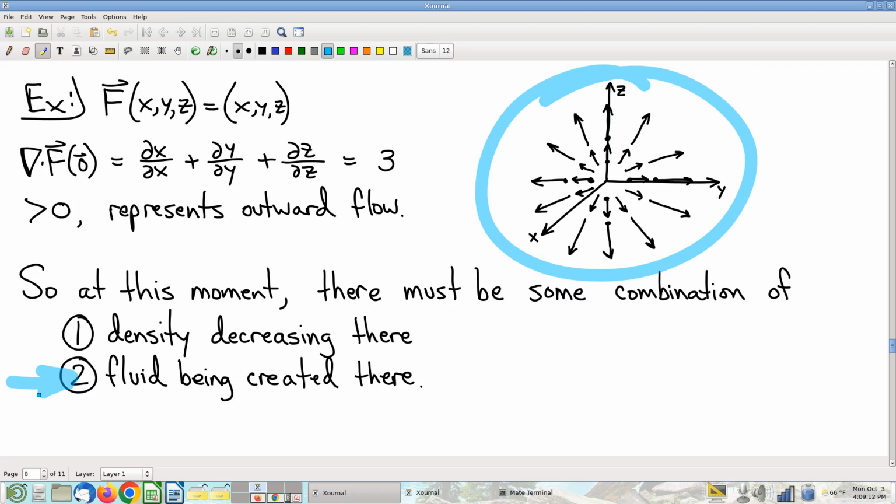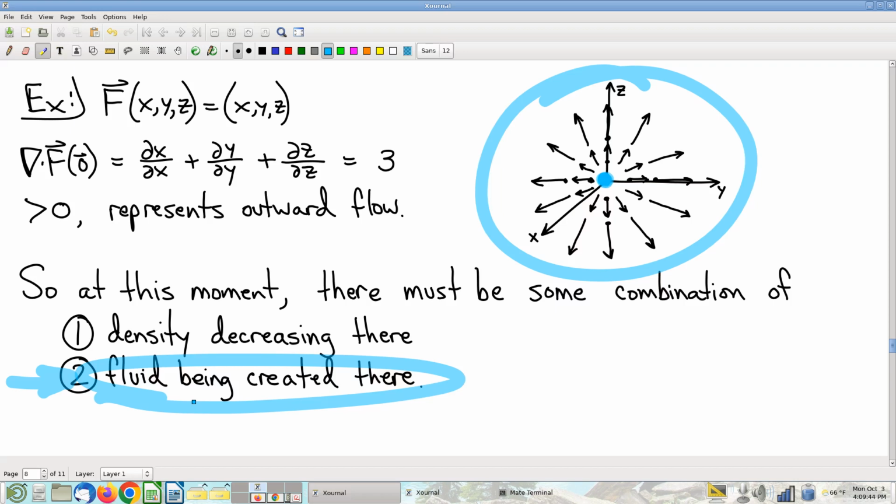If you have a light bulb, are we losing photons? No, of course not. It's making photons. The amount of photons is constant. They're just spewing out of the light bulb. So that's the other interpretation. In the light bulb metaphor, this might be where fluid is being created. Not that fluid is just leaving and therefore having less of it, but it's being made there in the first place.